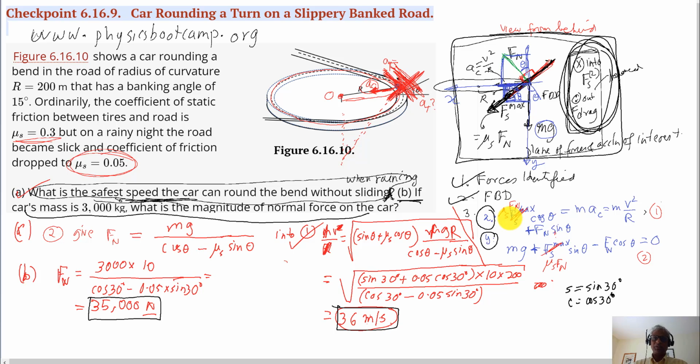But if you want to try using another X and Y, I might suggest you try using this. This direction maybe X and that Y, or maybe Y this and X that. You might try to use that, because two of the forces will be along here, right?